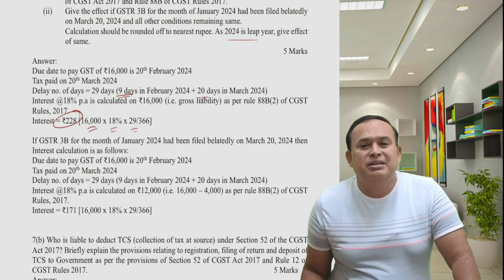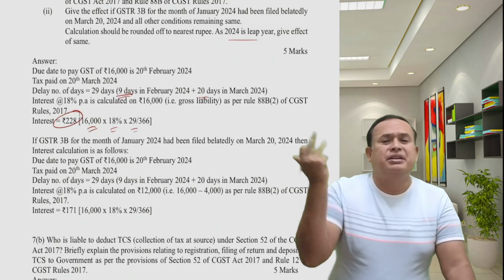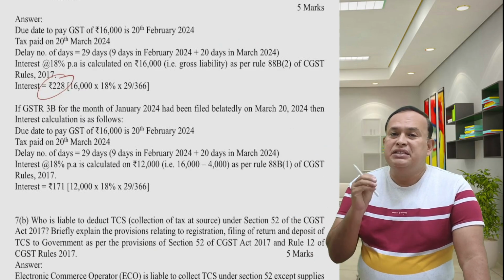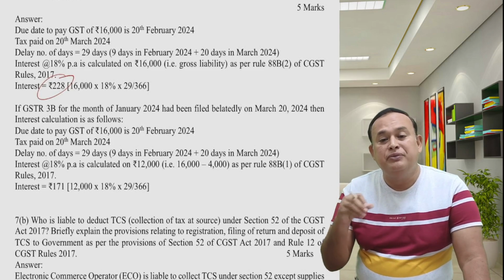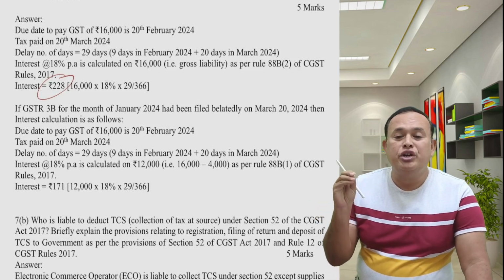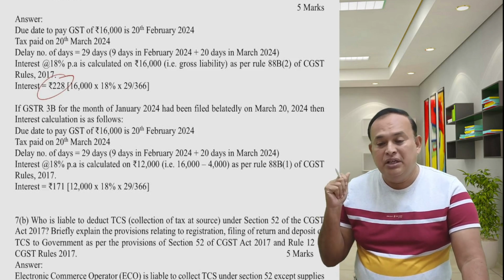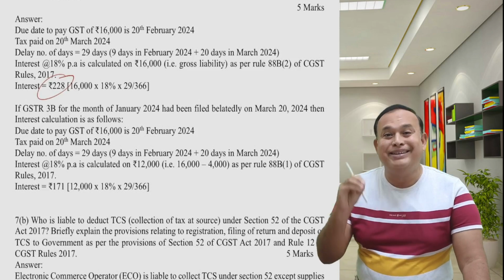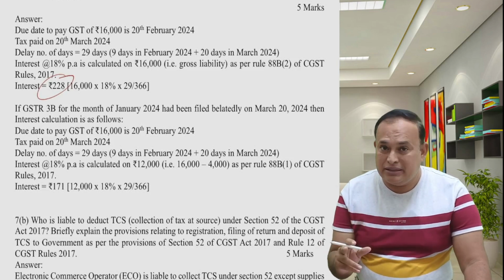Sir, input tax credit deduction is not there here because you short paid 16,000, and you have to pay it with interest at 18%. In the second case, if the GSTR 3B for the month of January 2024 had been filed belatedly on 20th March 2024, then the interest calculation is as follows, my dear friends. In the given case, interest will be calculated on the net amount paid through the electronic cash ledger. In that case, 16,000 is the total short paid GST.